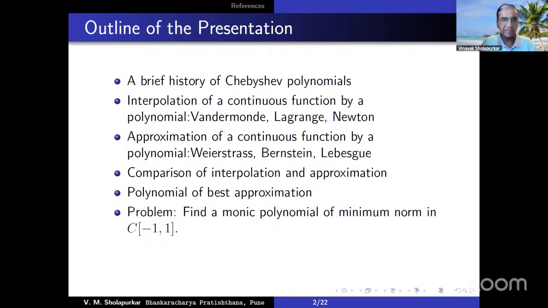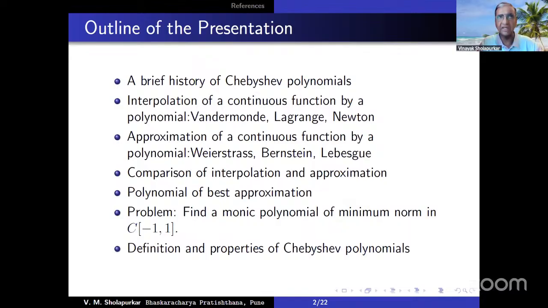So this is the space under consideration. And we want to find, so polynomials naturally sit in this space, and we want to find a polynomial of minimum norm in this space of continuous functions, of specific degree, by fixing a degree, considering a closed subspace Pn of polynomials of degree less equal n.